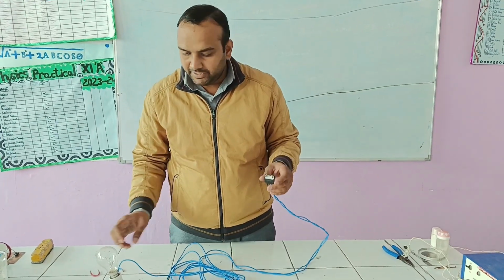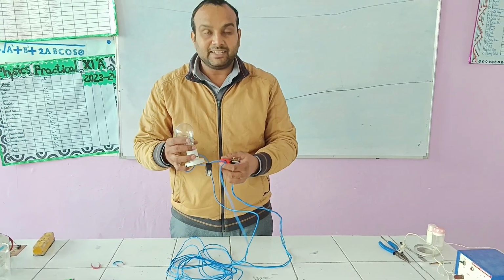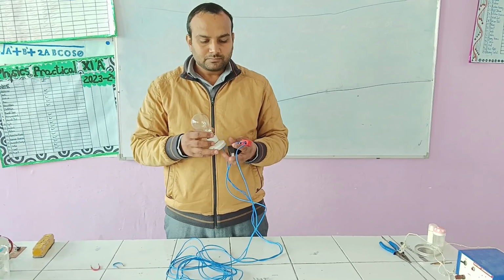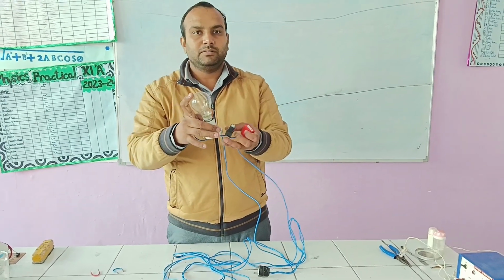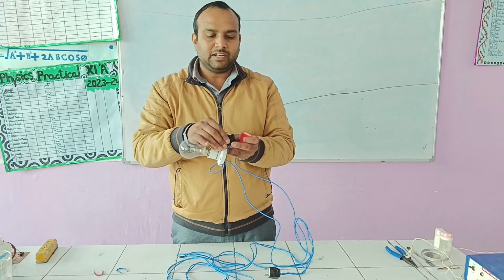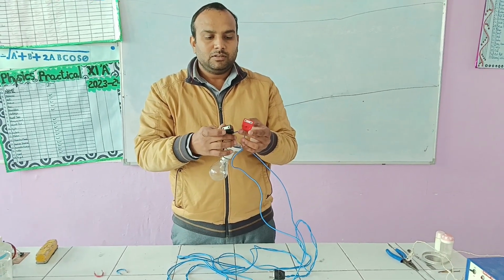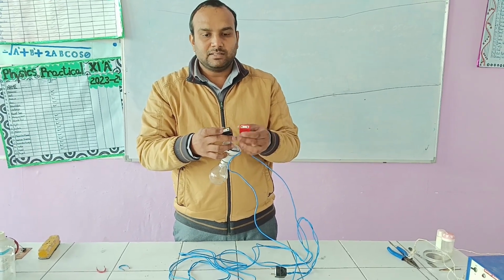In my second activity, I am going to demonstrate a series LCR circuit. For that, I have taken a bulb. It will act like a resistance, and I have two open-ended switches.